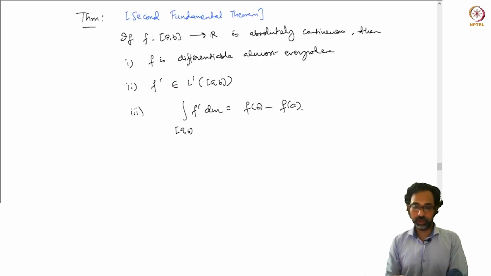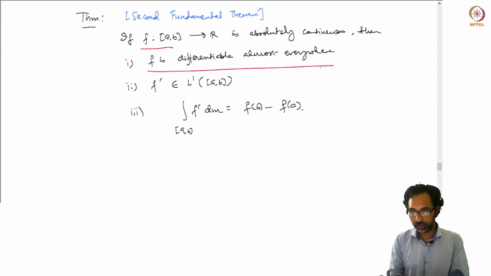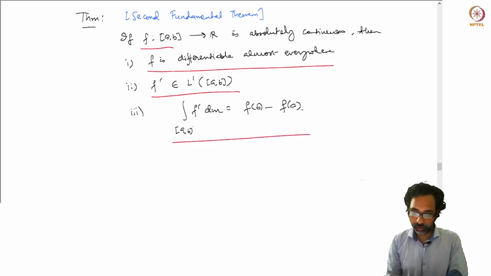So if you have an absolutely continuous function on a compact interval [a,b], first, f is differentiable almost everywhere, second, f prime is an absolutely integrable function on [a,b], and thirdly, the integral over [a,b] of f prime is precisely f(b) minus f(a).